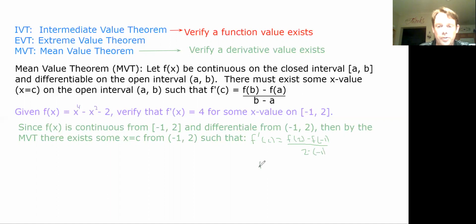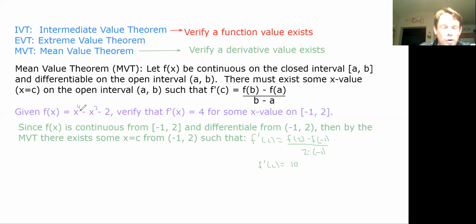So f prime of c equals, if I plug 2 in there, I get 16 minus 4, that's 12. Oh, that'd be 10. If I plug -1 in there, oh, what would that be? I got 16 minus 4 minus 2 is 10 for f of 2.